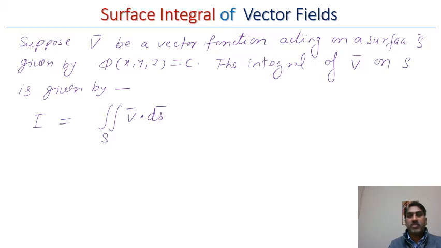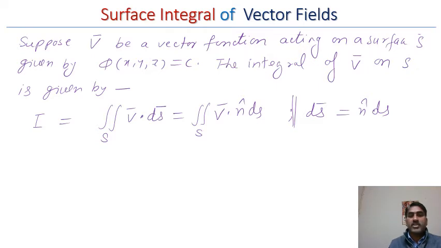So ds is a small vector, and also ds is equal to n ds, meaning the unit vector n and the magnitude ds. So this can be written as the double integral over the surface of v dot n ds. So you just need to find v dot n and then integrate with respect to s.